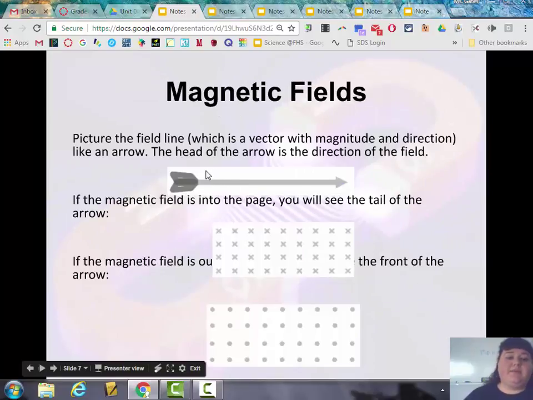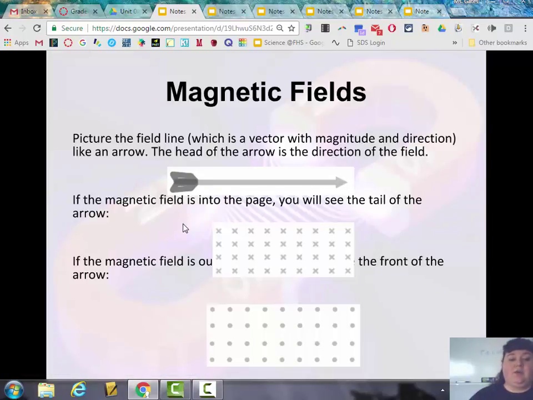We represent the third dimension if you picture an arrow. One end of the arrow, you would have a point, a dot, and on the other end of the arrow, if you're looking at the feathers of it, it would create an X. And so if our magnetic field is going into the page, we would see the back of the arrow, or the X's. So we use X's to represent the field going into the page.